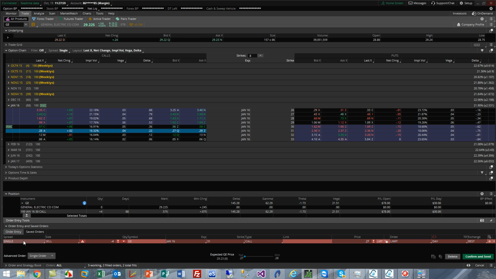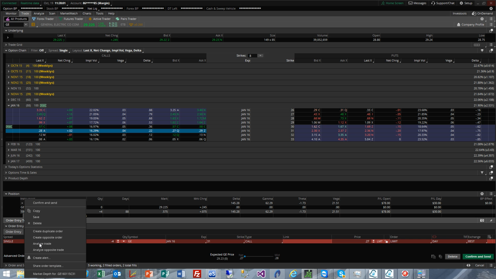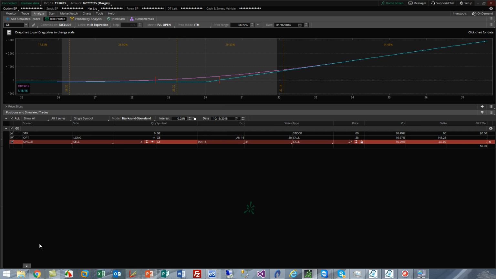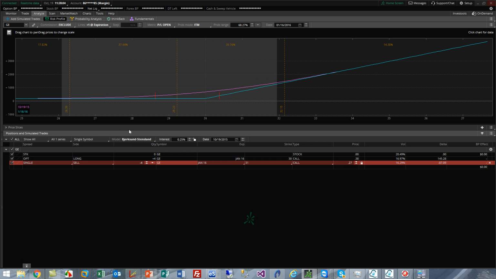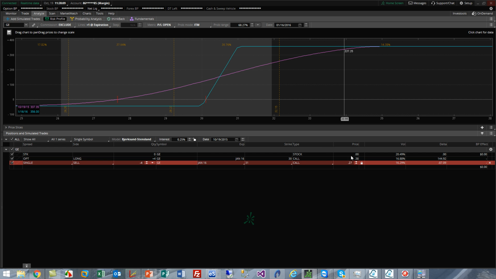Analyze Trade here. Okay, now it should pop up here. Now notice one thing, and let's go back to our original position. If we look at our original position here, thinkorswim's a little slow right now.